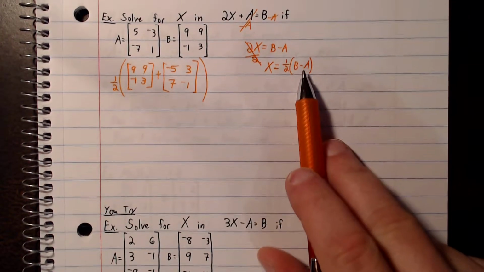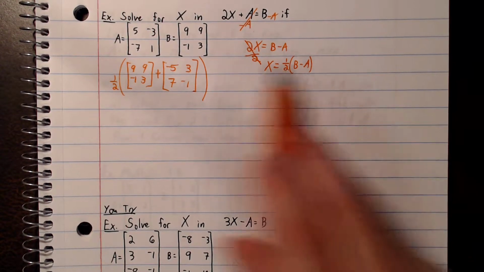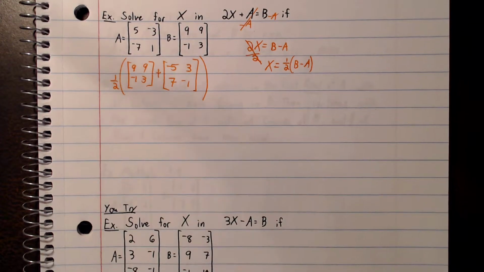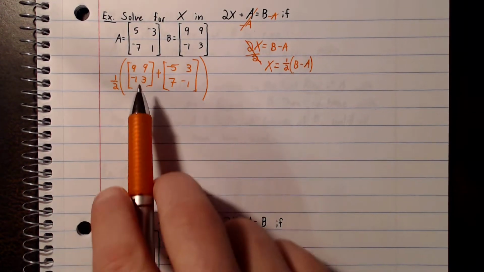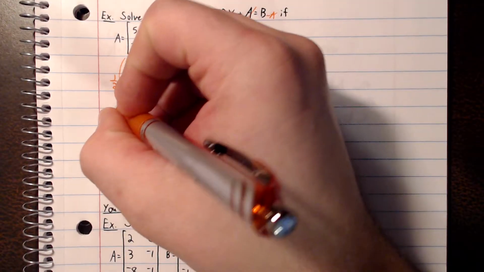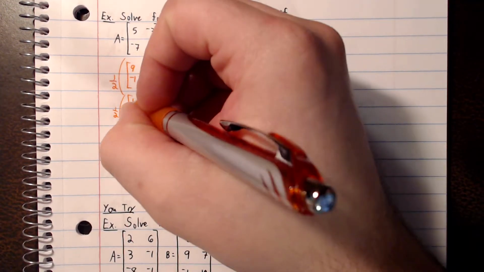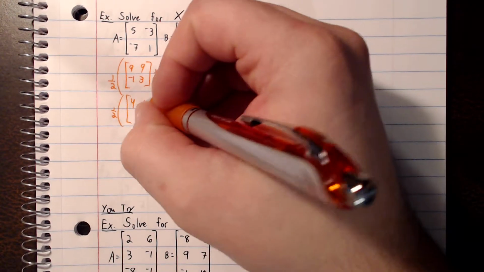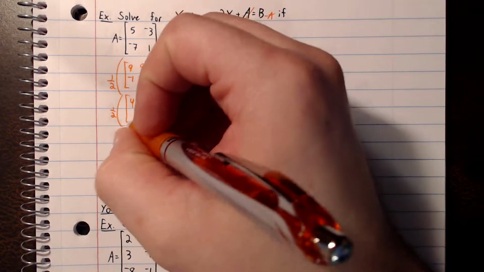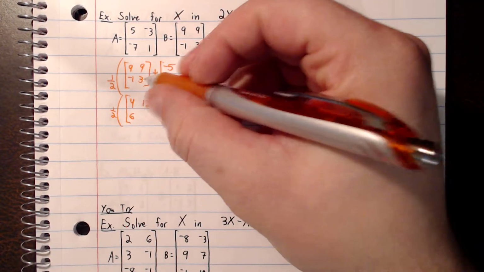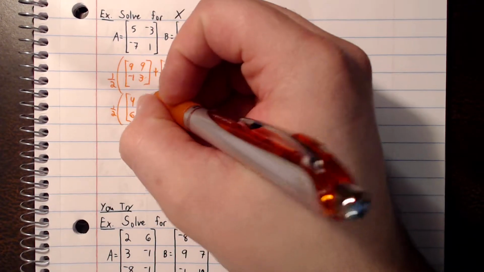Right, I've just taken the opposite of A. Change all the signs. Now let's perform the addition. 9 and -5 is 4. 9 and +3 is 12. -1 and 7 is 6. 3 and -1 is 2.